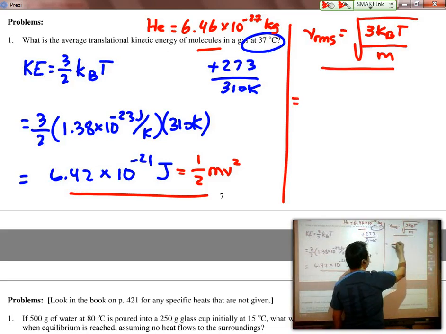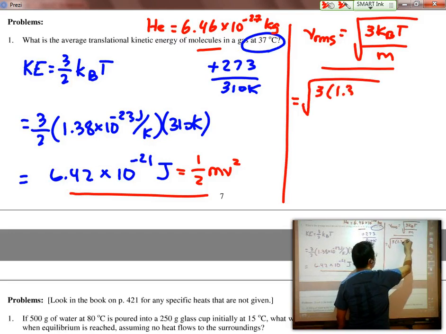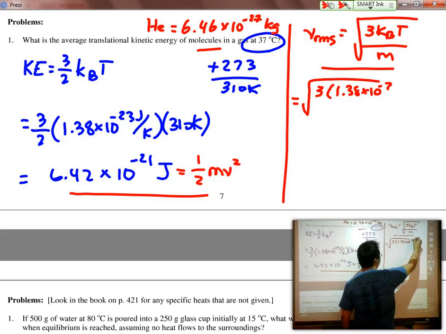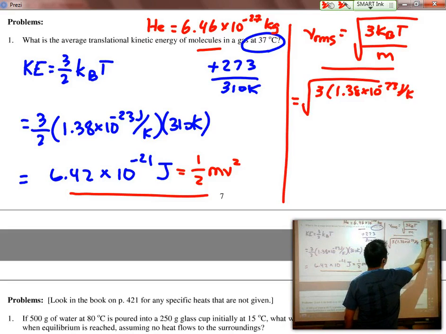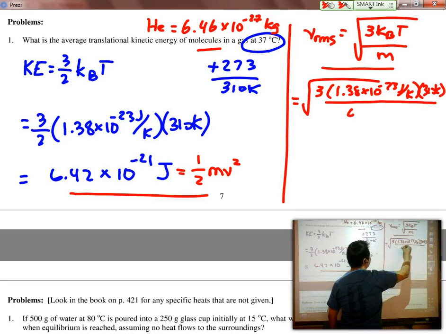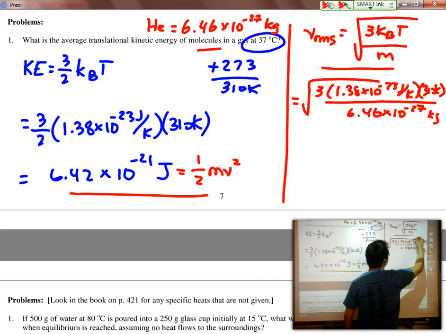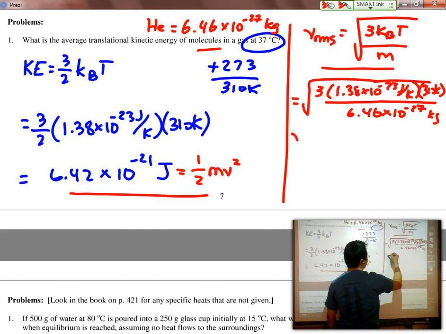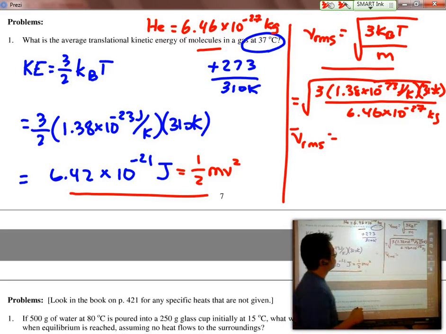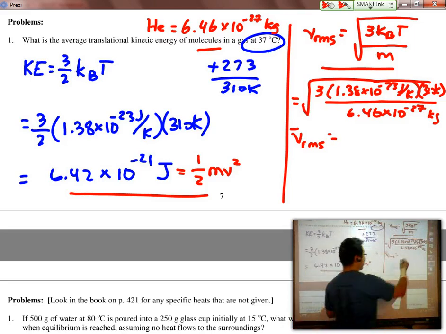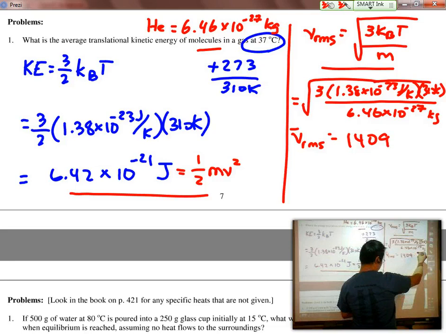So it's equal to the radical of 3 times 1.38 times 10 to the negative 23rd joules per Kelvin times 310 Kelvin divided by 6.46 times 10 to the negative 27 kilograms. We get that the root mean square speed is equal to 1,409 meters per second.